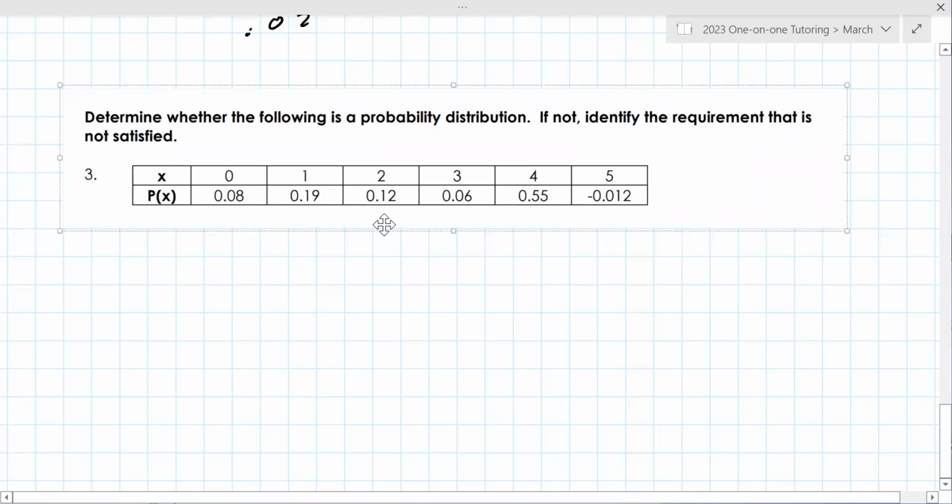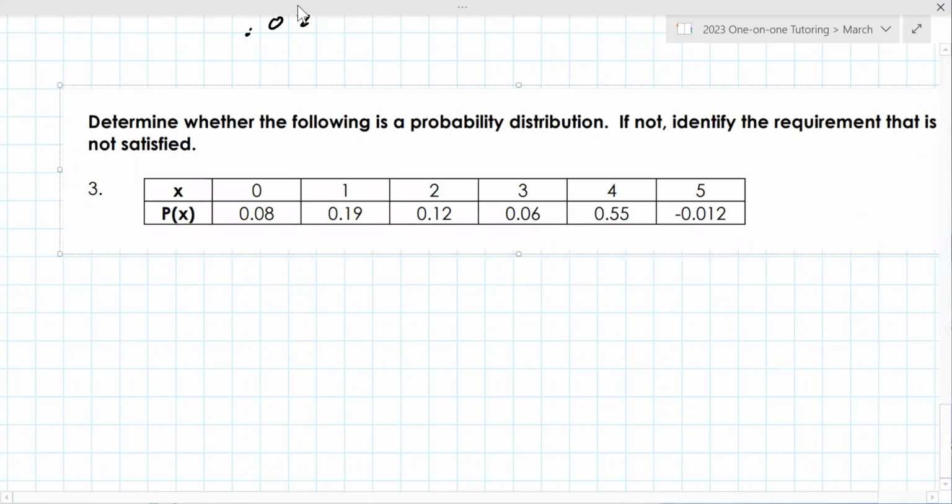Okay, determine whether the following is a probability distribution. If not, identify the requirement that is not satisfied. Take a look at this one. Let me know what you come up with. Is that a negative? Yes. And a probability distribution would equal 1 in the end?